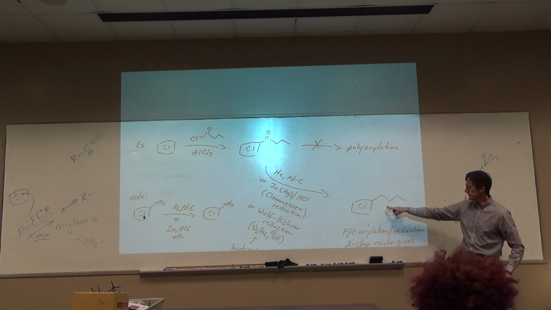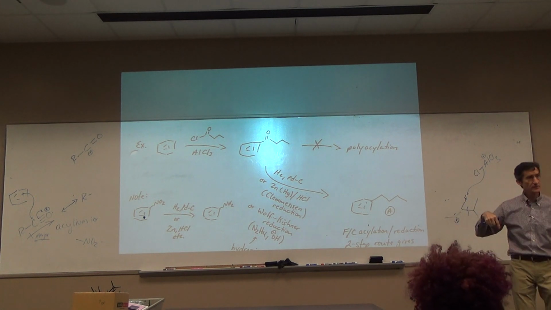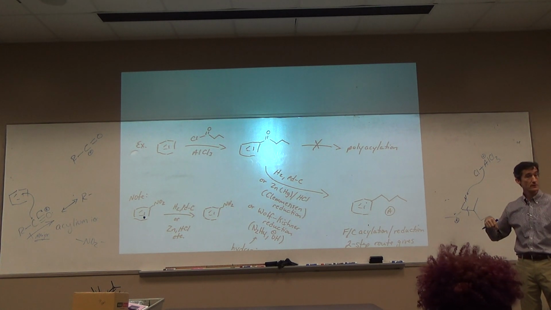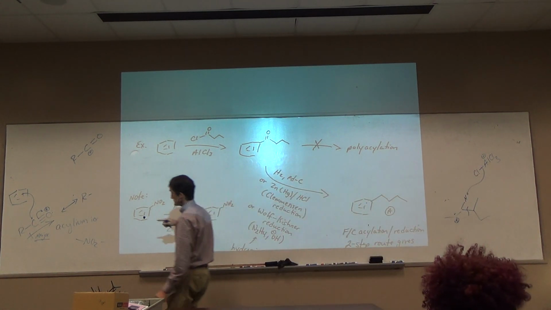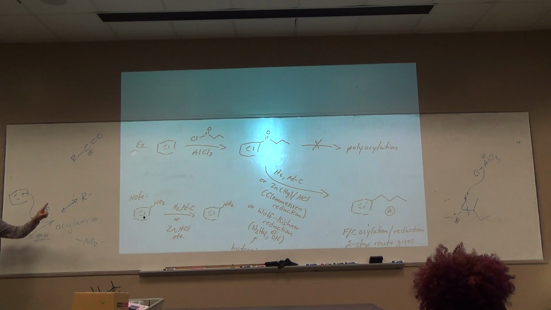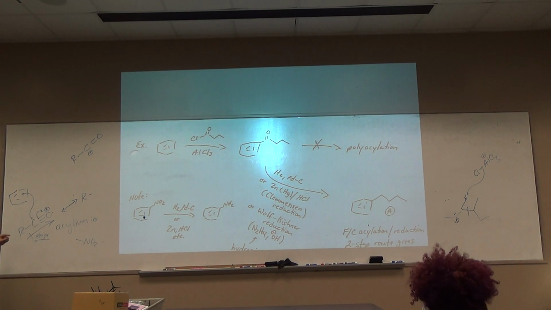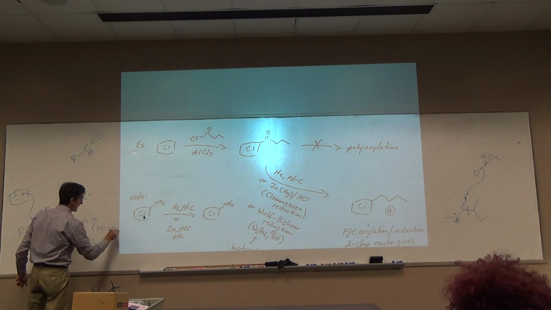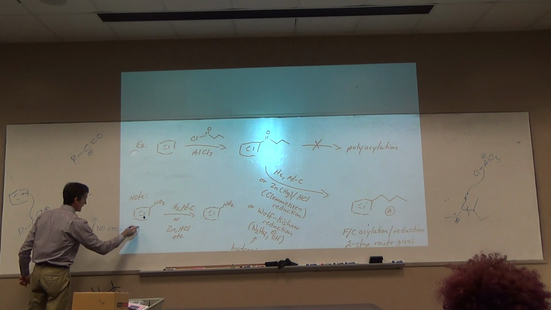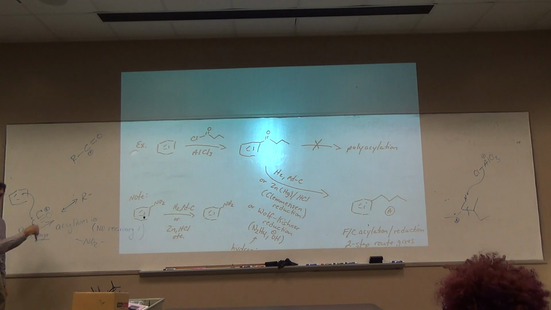Remember when we tried to make compound A on the previous page and the yield was low? Because the carbocation rearranged. You don't have to worry about rearrangements here. The acylium ion is not going to rearrange because it's resonance stabilized.